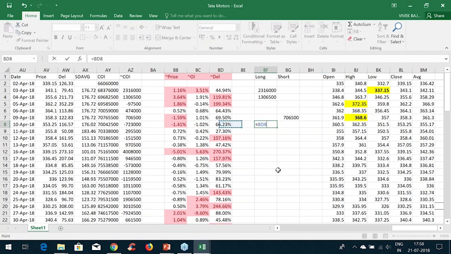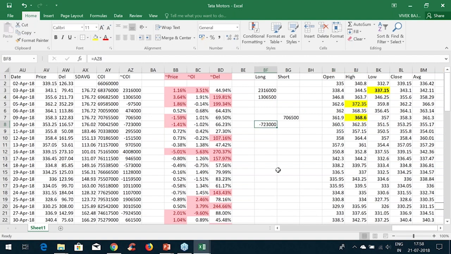That means the guys who were long, they have squared up their position. Now this is a great signal that someone who went long because he thought that the prices will go up, did not build aggressive position and stopped at around these 370 odd levels, and has squared up the position when the price went to a high of 362.